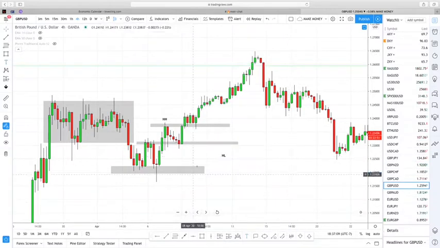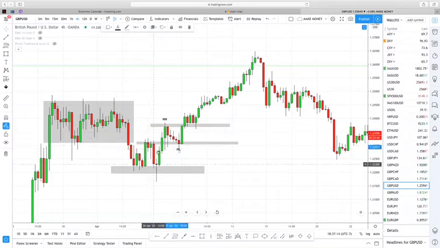Okay. So now you have your higher low. Now that price has broken out of your flag, broken your higher high, and continued to the upside, it's retesting that higher high. Okay.